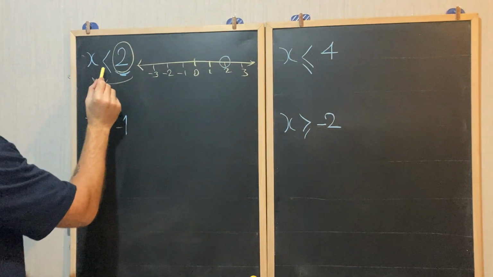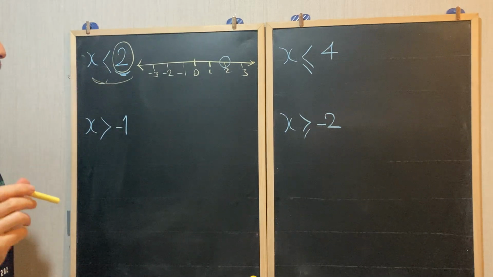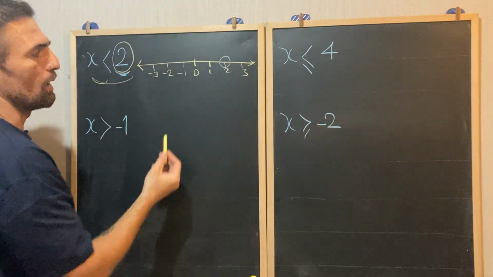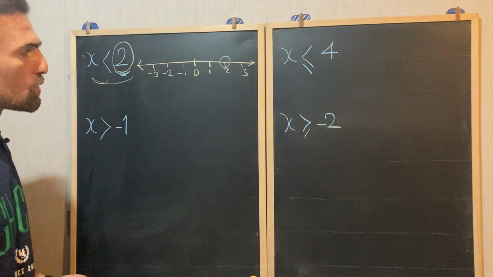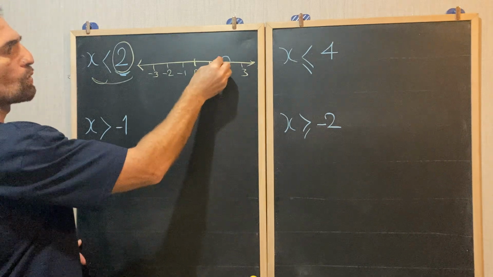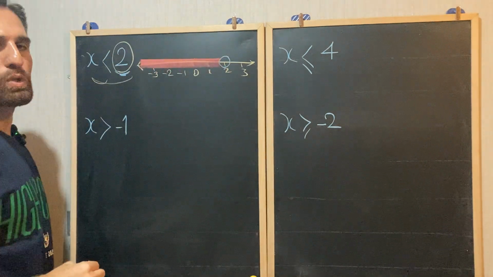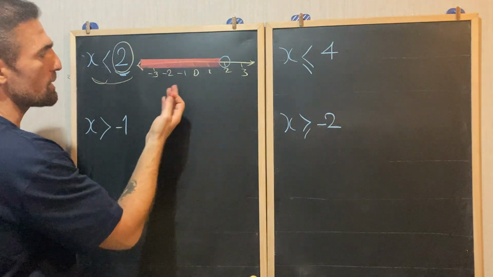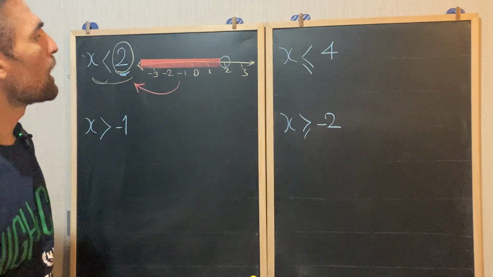It says x is less than 2, which means any number that is less than 2, like 1, like 0, like -1. That is why we need to shade the line towards negative infinity. We need to shade it to the left side. And this is the answer of this inequality.